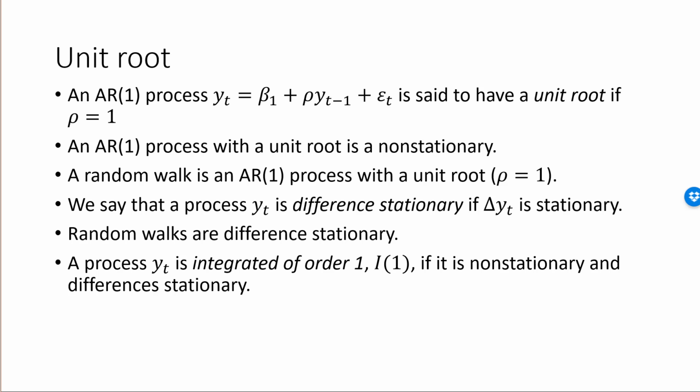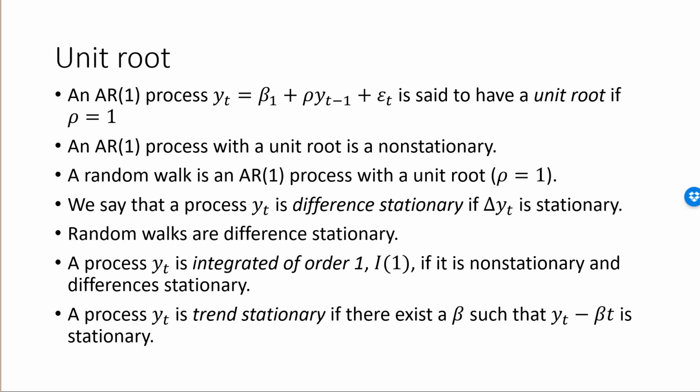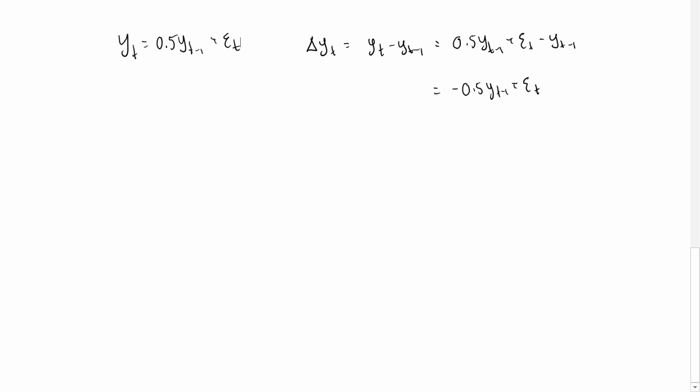The final concept we will talk about in this lecture is the concept of being trend stationary. So a process is trend stationary if there exists a beta such that yt minus beta t is stationary. For example, if there is just a linear trend in the yt time series, so if yt is equal to beta 1 plus beta 2 times t plus an error term, that is yt increases, or decreases if beta 2 is negative, linearly with time.